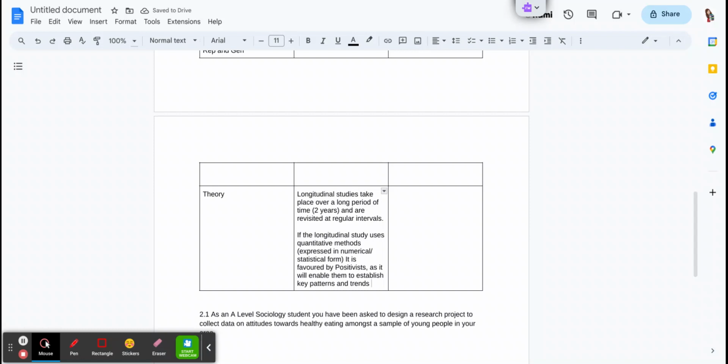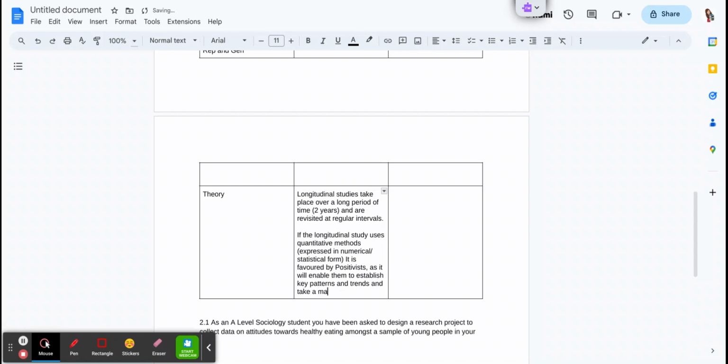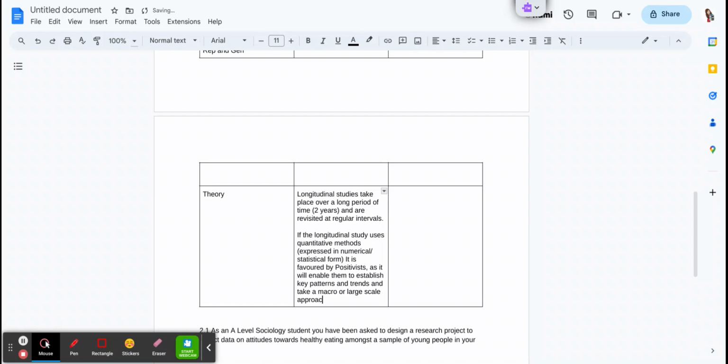If it can be both, I just say, well, if a longitudinal study uses quantitative methods, again, we bracket it, that's expressed in numerical statistical form, it's favoured by positivists, as it will enable them to establish key patterns and trends and take a macro or large-scale approach.